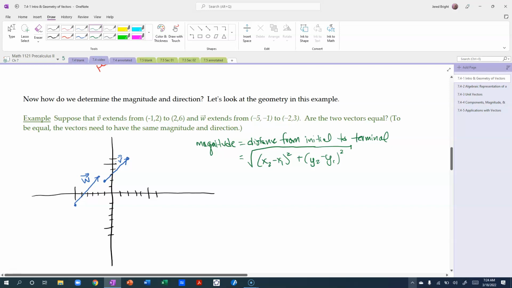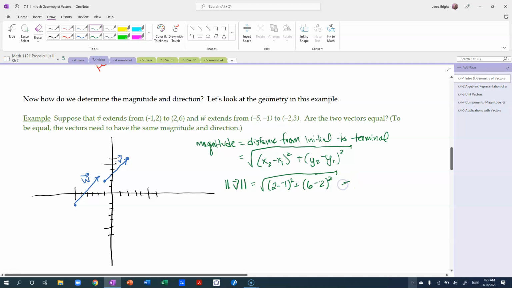Okay, so if I wanted to find the magnitude of v, and how we represent the magnitude is a double absolute value around the vector. So the distance between the x's, I would do 2 minus negative 1 squared plus, and then the y2 minus y1, 6 minus 2, squared.